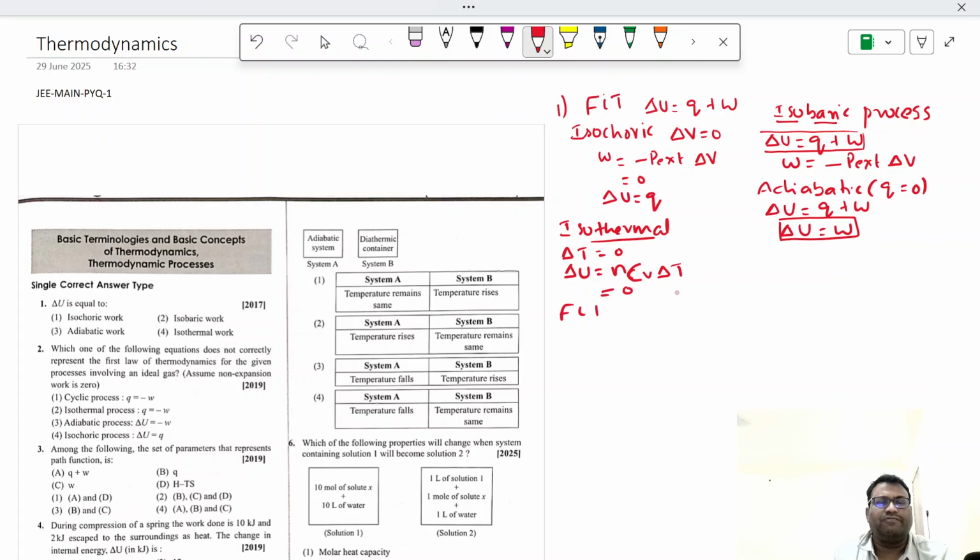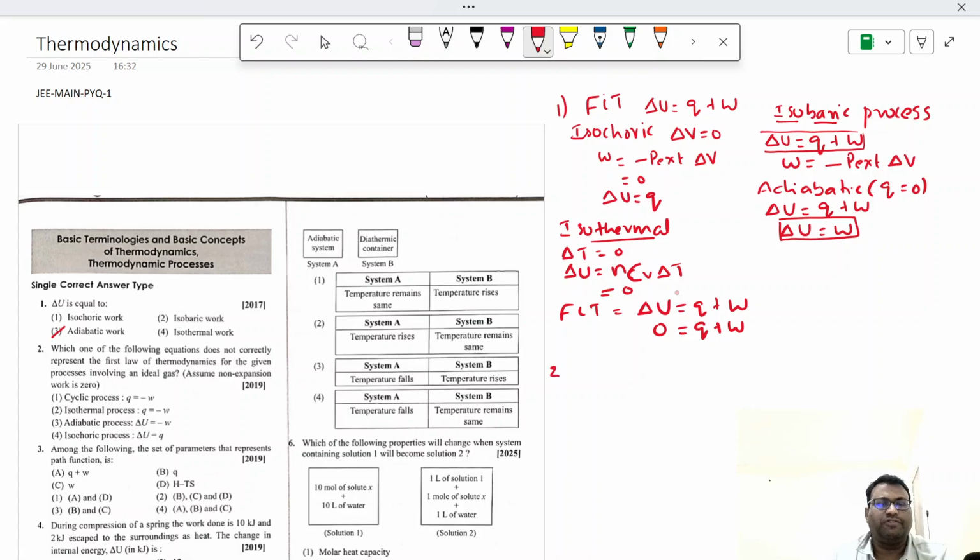So from first law of thermodynamics, delta U is equal to Q plus W. If delta U is equal to 0, then 0 is equal to Q plus W. So delta U is not equal to W. Delta U is found to be equal to 0. So the answer will be adiabatic work, because in adiabatic work, delta U is equal to W. So that is the answer.